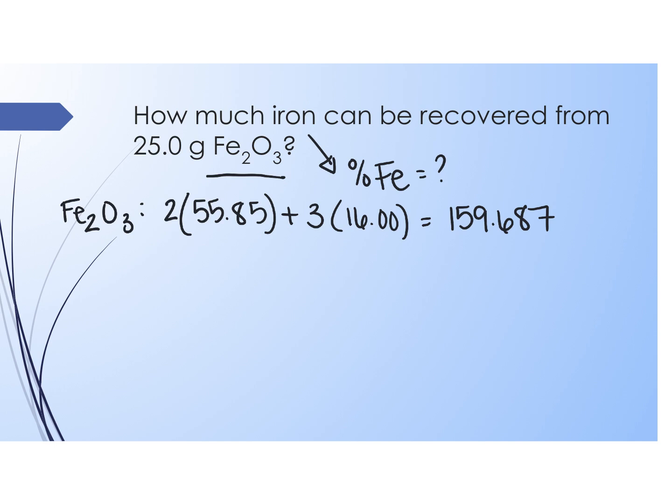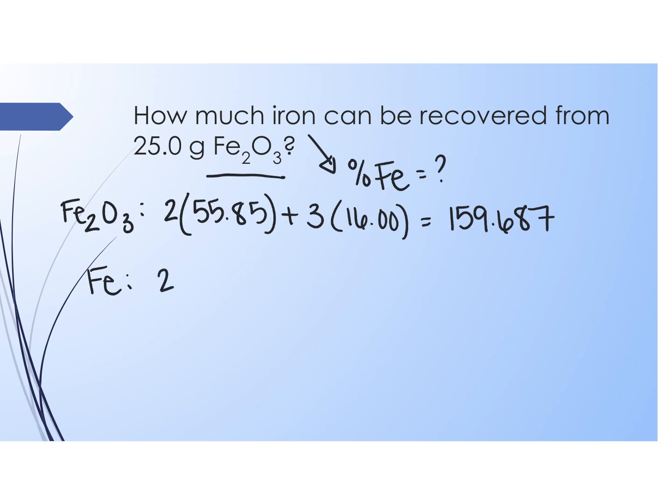Okay. All right, so now what element are we interested in getting the percent composition of? Just iron. Do we care about the oxygen? Okay, no. Do you have to waste your time finding the percent composition of oxygen? No. Okay, we are only interested in iron. How many iron atoms are in that compound? Okay, 2.